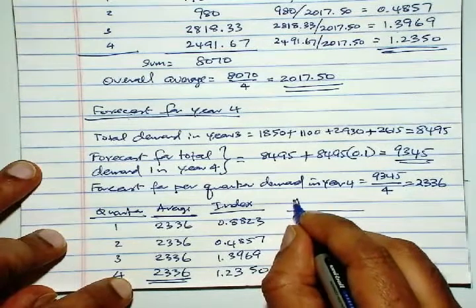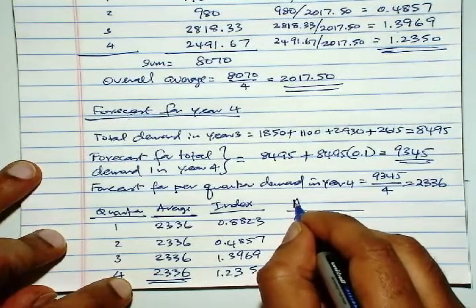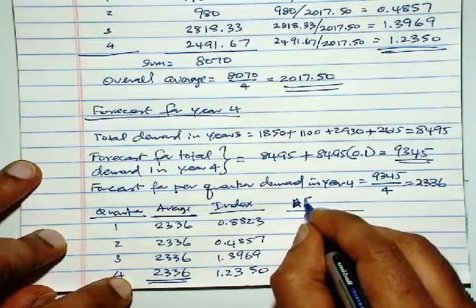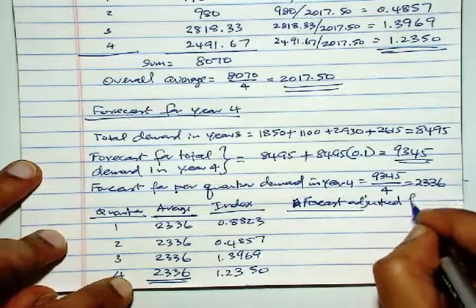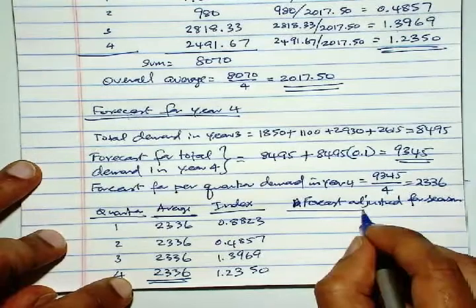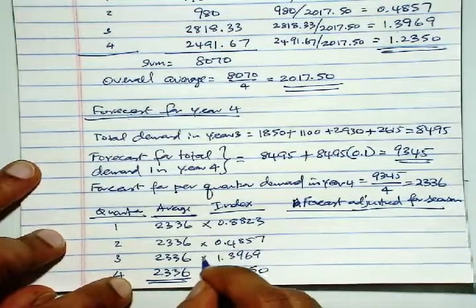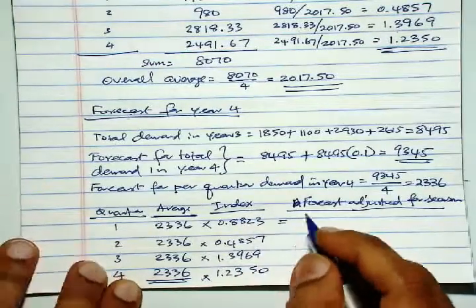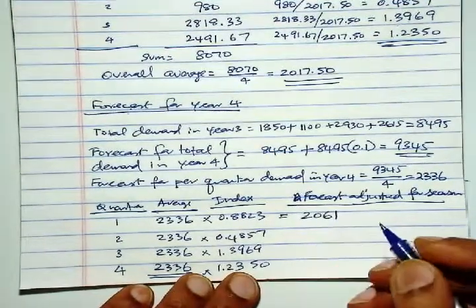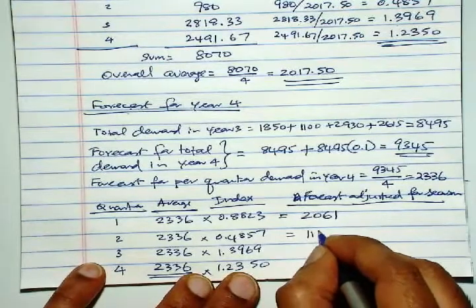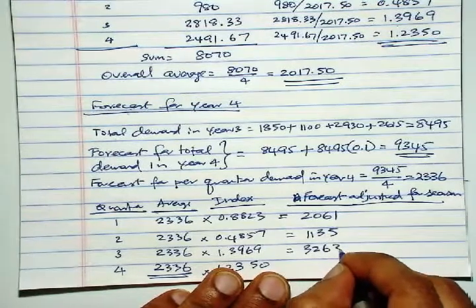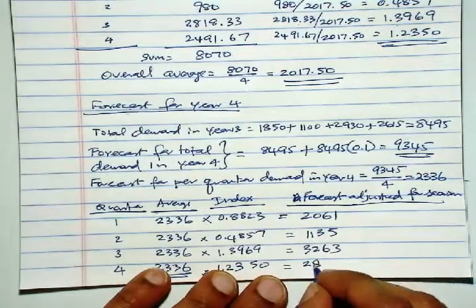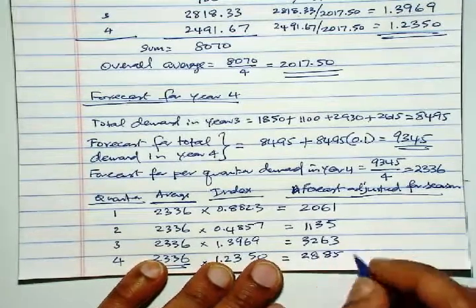So our final forecast, or forecast adjusted for seasonality, you multiply this by the corresponding index, so that will give you 2061 for the first quarter, 1135 for the second quarter, 3263 for the third quarter, and 2885 for the fourth quarter.